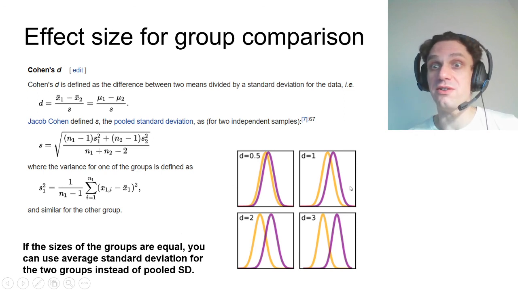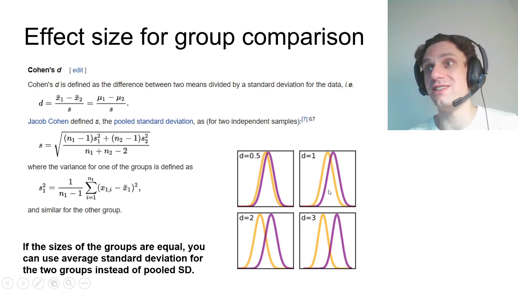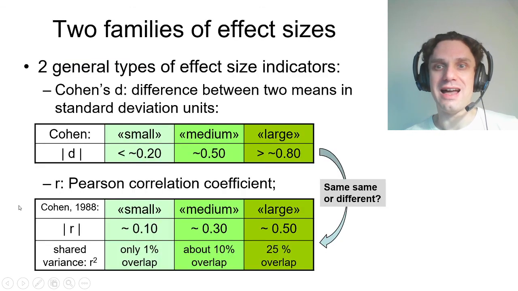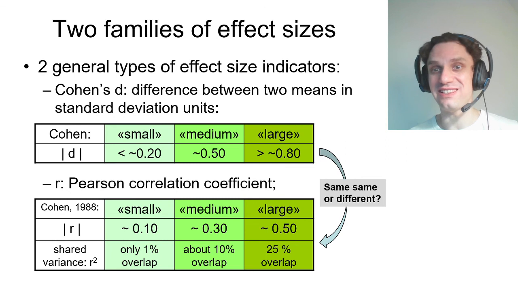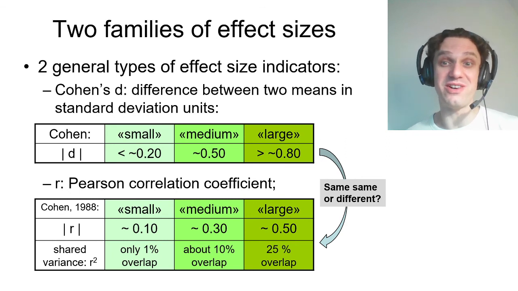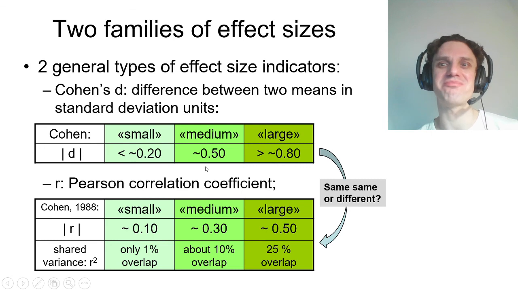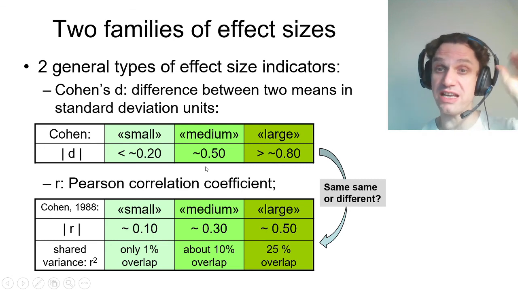And graphically, you can see that the larger Cohen's d is, the more these two distributions diverge, and the less overlap there is between them. Now, when Cohen introduced the concept of his Cohen's d, he proposed some tentative guidelines to interpret the size of this difference between the means. Basically, it was based completely on intuition.